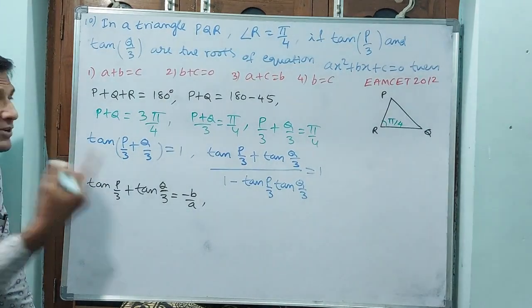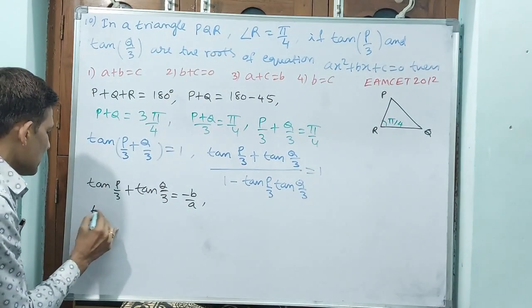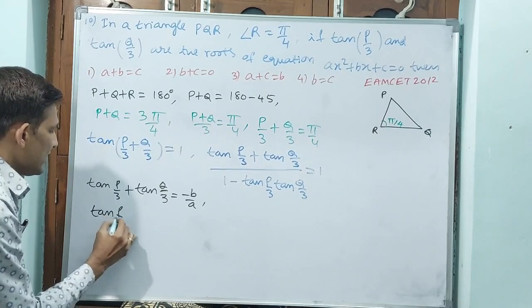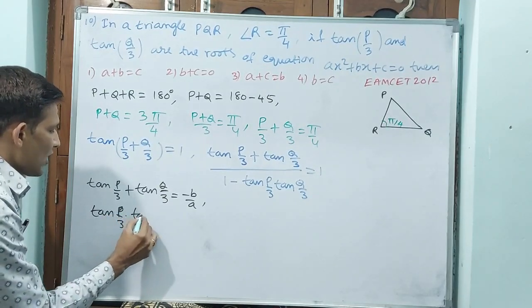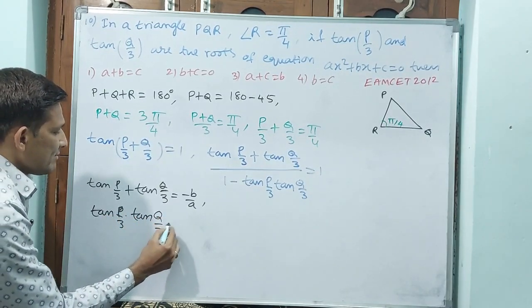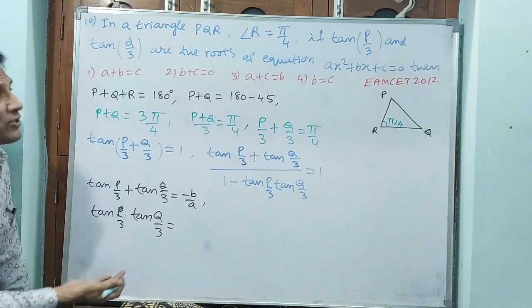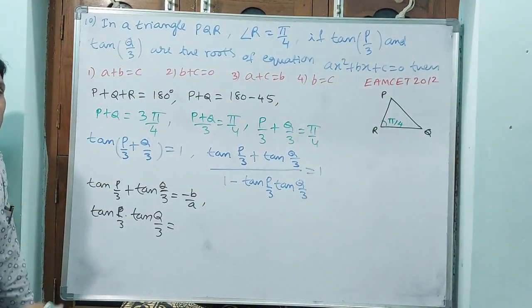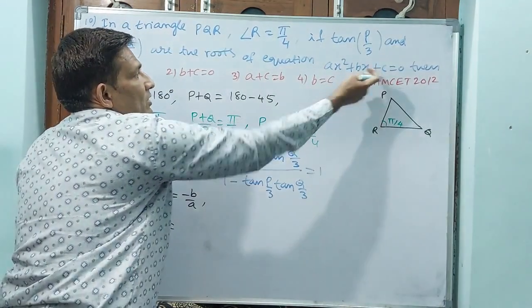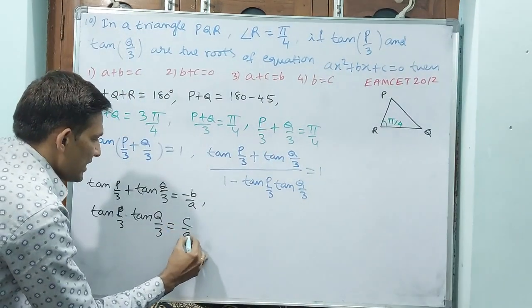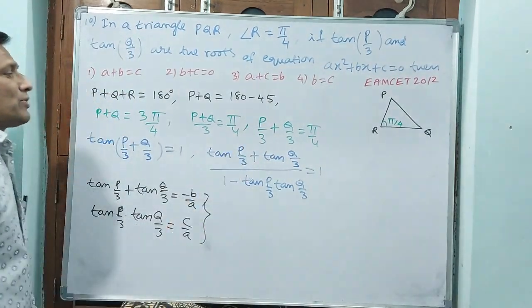Another one, alpha into beta. Alpha into beta means tan of P by 3 into tan of Q by 3. Alpha into beta is equal to C by A. Now these two values substitute in this.